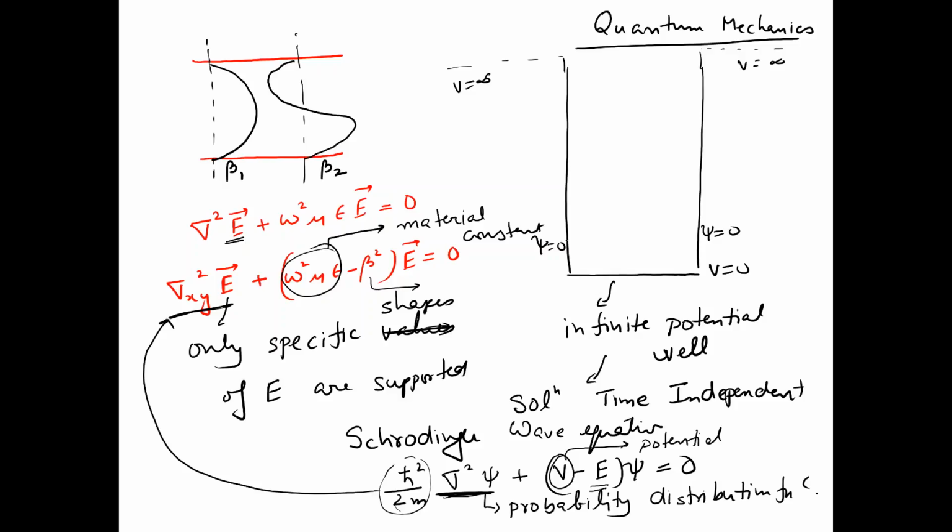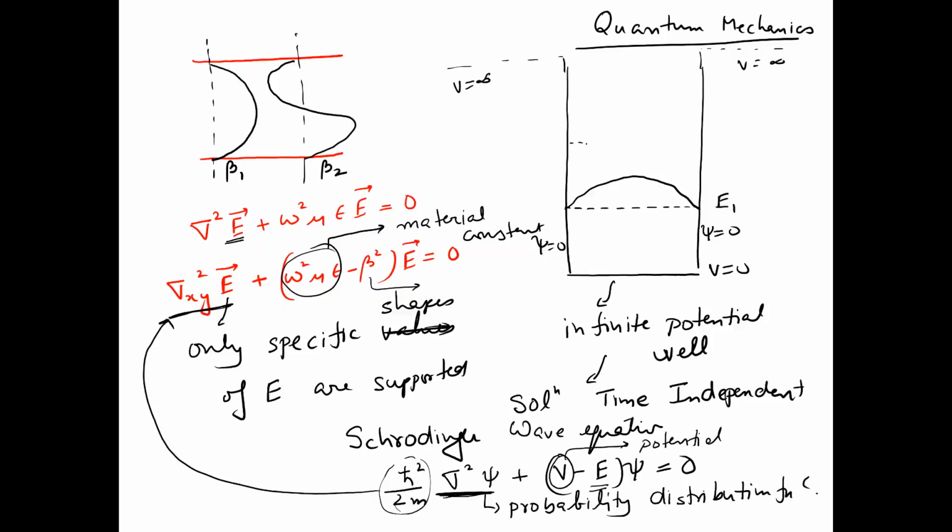When V is equal to infinity, nothing should be able to penetrate into that. So psi should be 0 there, on the two edges. And then the solution is going to take discretized values. You are going to get a value of E1, which is going to be a sinusoid like that.